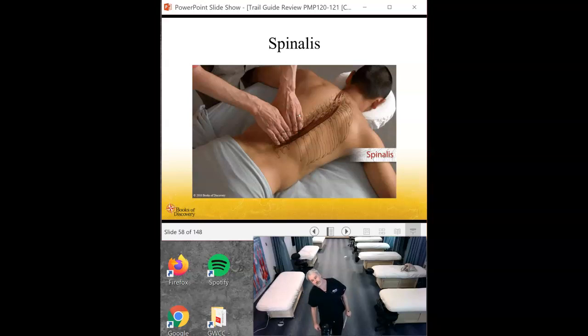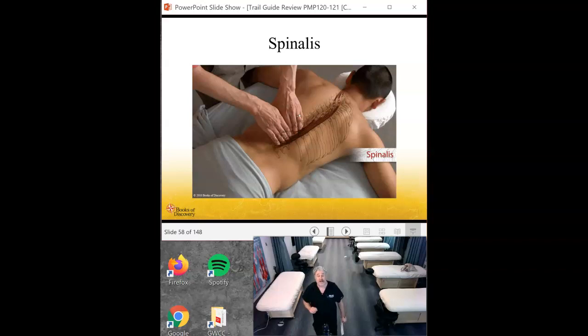What actions does it perform unilaterally? To rotate. If one side only pulls, what does it do? What am I doing right now? This is extend. What am I doing right now?